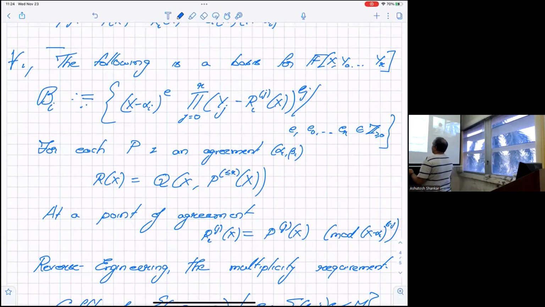But when the collapse happens, look at every monomial. What is the multiplicity of x minus alpha_i in that?